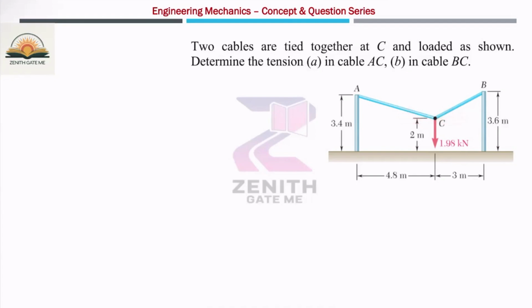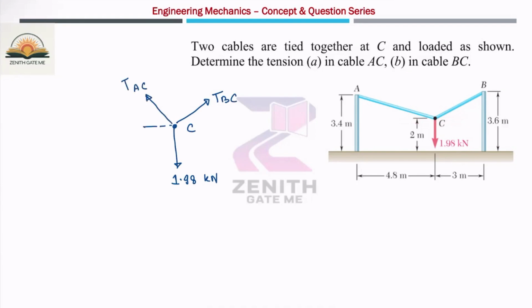First of all, you will calculate the angle by using the geometry. So let us suppose I draw a point C, one force is acting as 1.98 kilonewton. So let us suppose the tension here is tension BC, and here will be the tension AC.